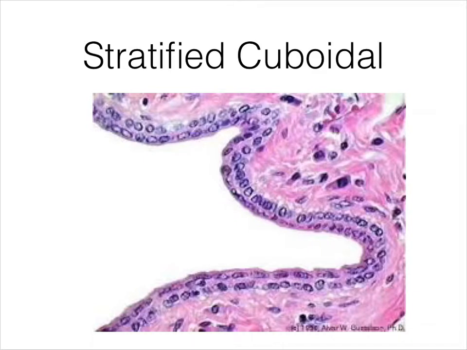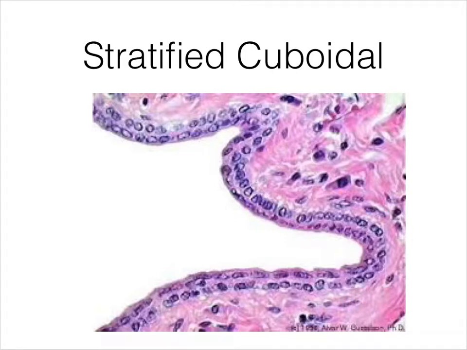This is stratified cuboidal epithelium, and remember that stratified just means more than one layer. And in this particular case, the epithelium is this area right here. All of this down here, that's actually connective tissue.